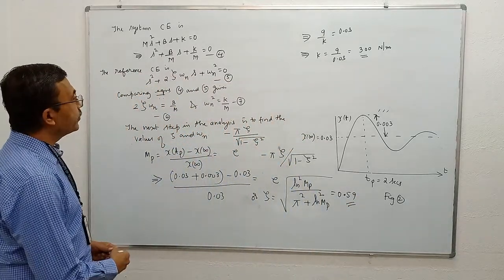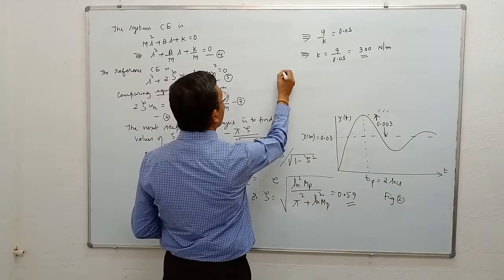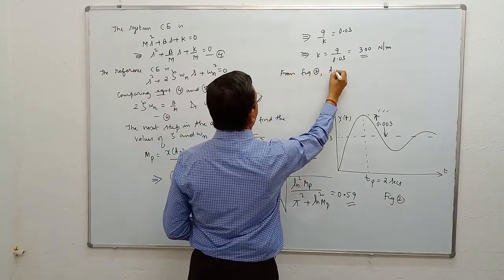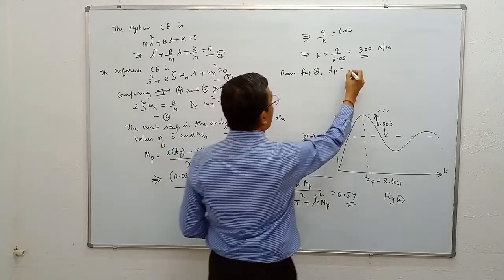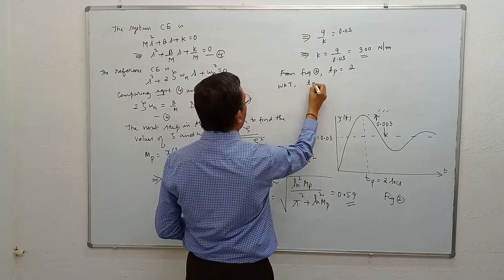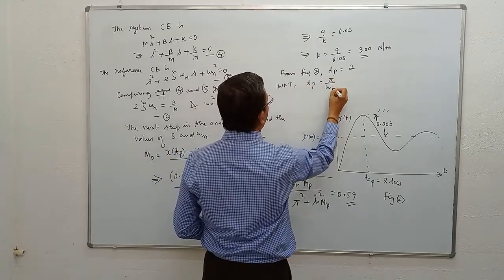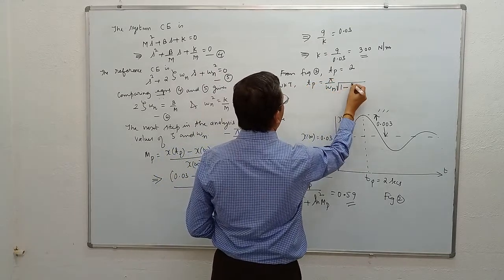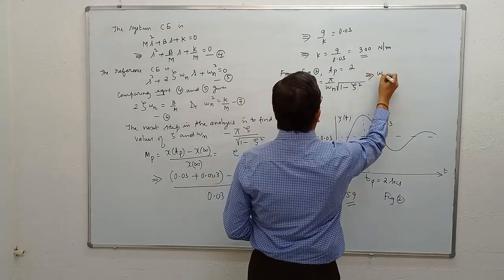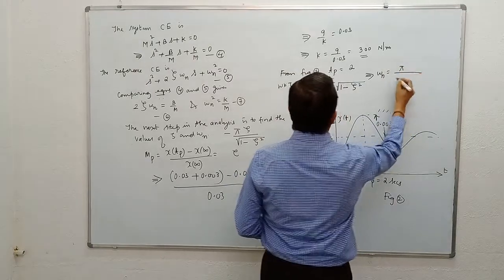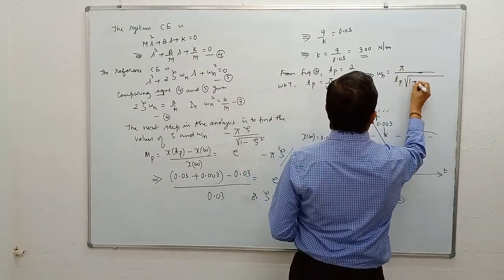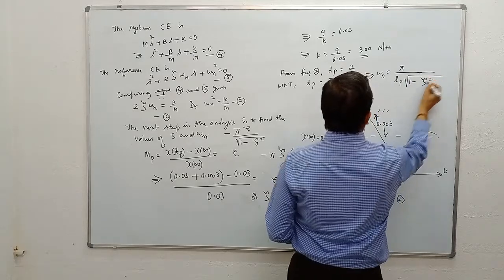From figure 2, what is Tp? Tp is equal to 2. We know that Tp is equal to pi divided by omega n into square root of 1 minus zeta square. This implies omega n is equal to pi divided by Tp into square root of 1 minus zeta square.